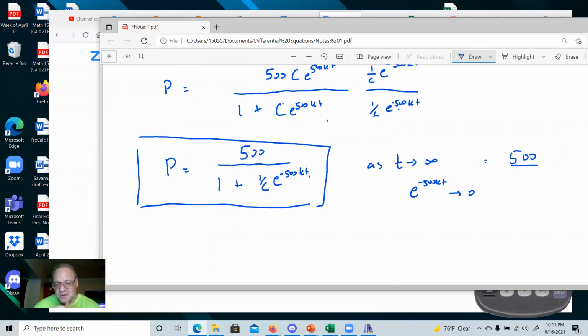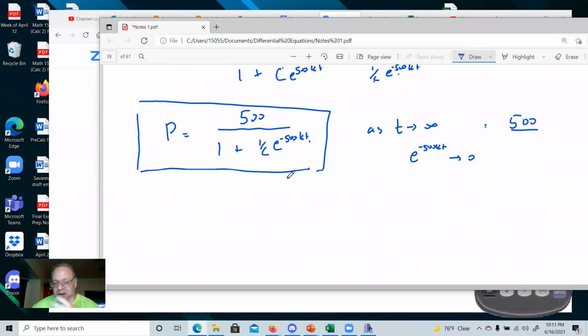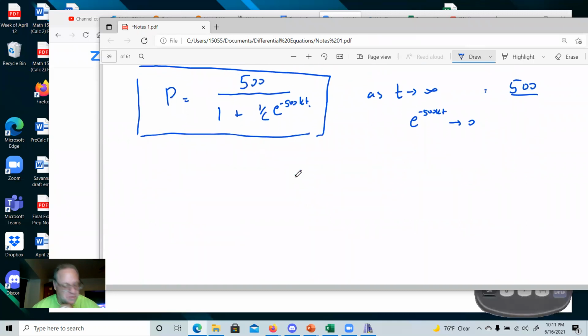So that's our first step here. I think the rest of this is actually a college algebra problem. We'll continue with this because it's not the easiest thing in the world. When t is equal to 0, how many bunnies did we have? P was equal to 100.